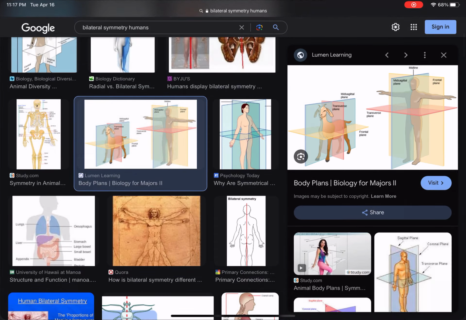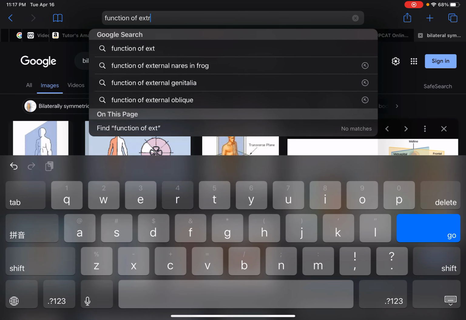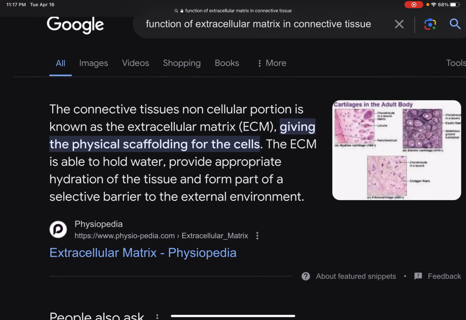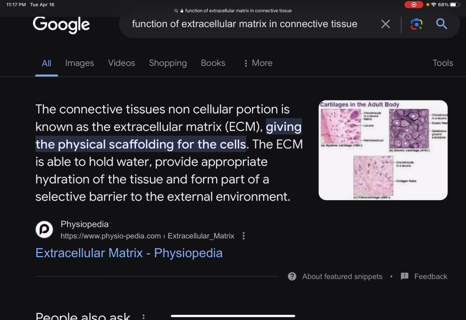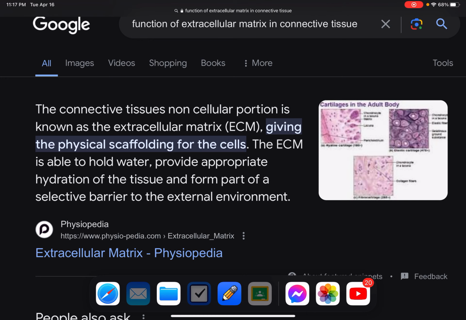Let's search it. The connective tissues, the ECM, okay. Physical scaffolding for the cells. Scaffolding.